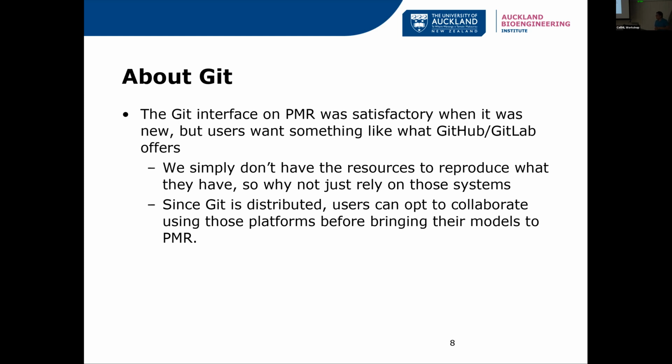So, fortunately Git's distributed. We could just rely on external repositories like GitLab and GitHub. Sure, we can install GitLab, but installing it is a bit of a pain. We could run our own instance should we choose to, but people are free to do whatever they want because Git is distributed, as I said, repeating myself.